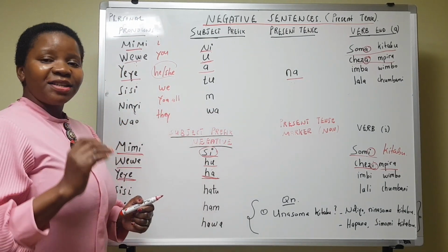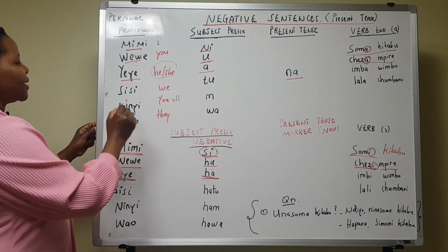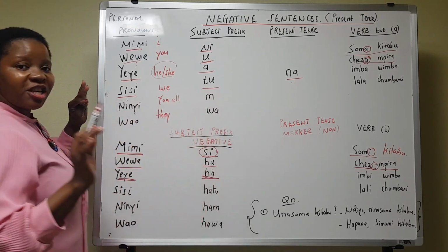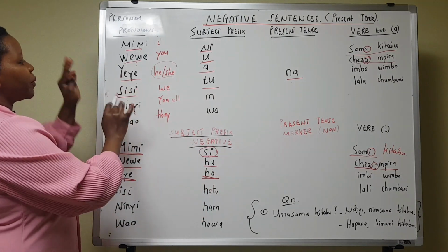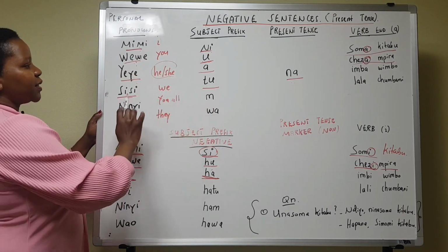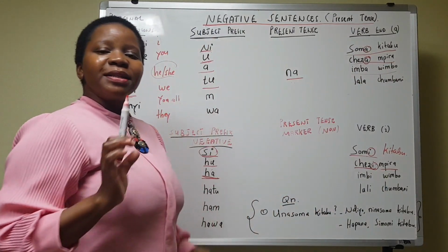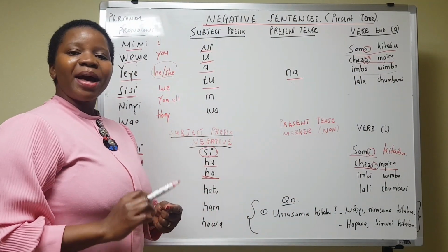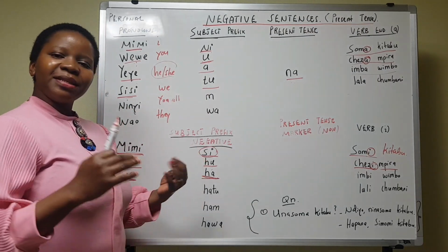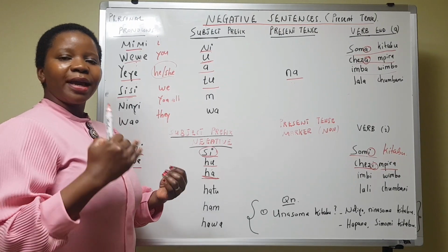Another example is sisi. If you use the personal pronoun sisi, the subject prefix will be tu. Sisi tunaimba wimbo. We are singing a song. How can I change this sentence into a negative form? We are not singing a song.